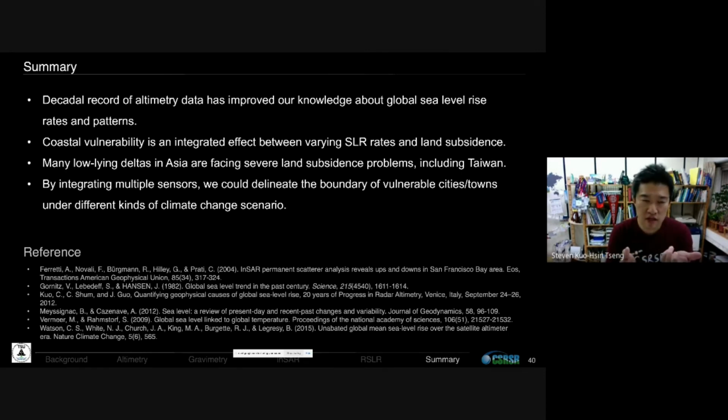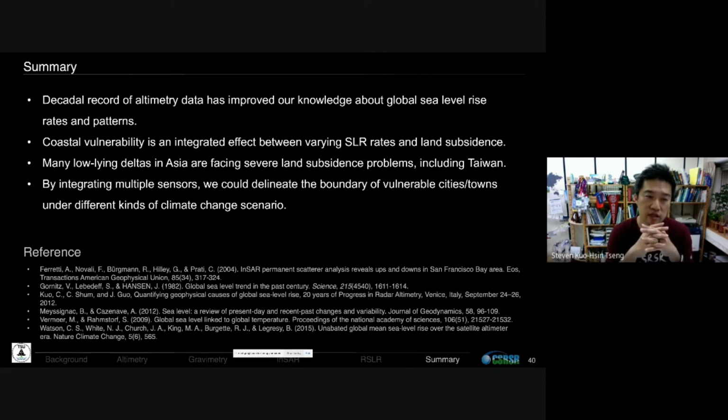The tide gauge points are extremely scattered compared to satellite measurements. So we cannot rely on tide gauges, but need continuing satellite data to give us the estimation of the rate. And also the coastal vulnerability.